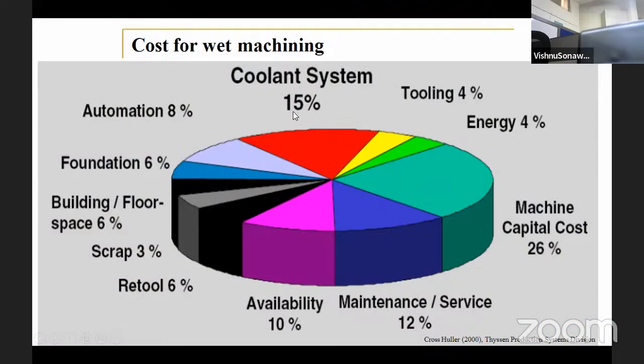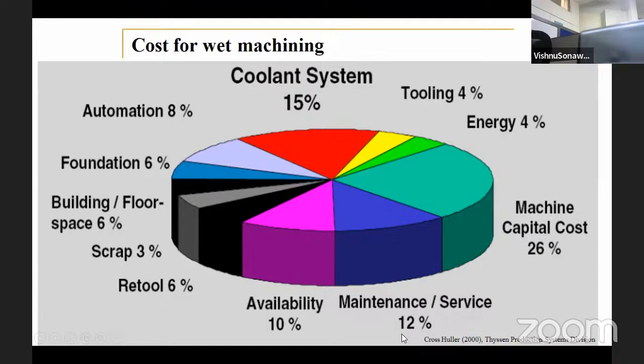This is the maximum, 15%, of the cost of machining for high-speed machining. It requires automation, that is 8%. Foundation of the machine tool is 6%. Building floor space is 6%. Scrap 3%. Retool 6%. Availability of series components 10%.